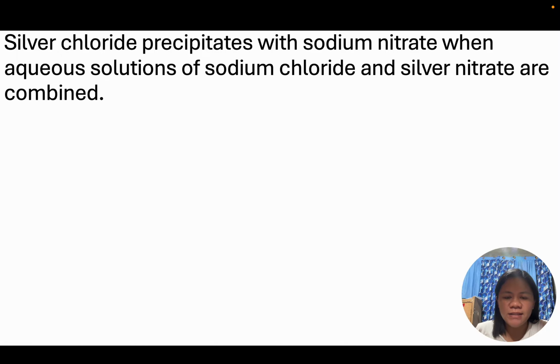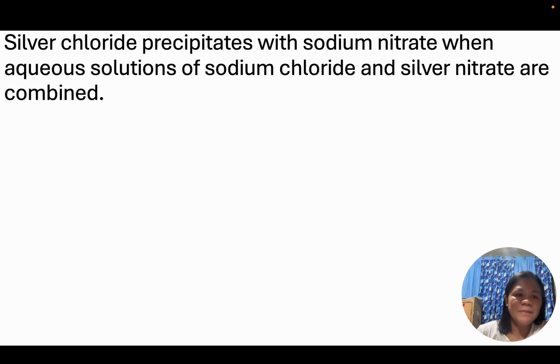Another example of a double replacement reaction is when an aqueous solution of sodium chloride and silver nitrate are combined, they form a precipitate of silver chloride with sodium nitrate.